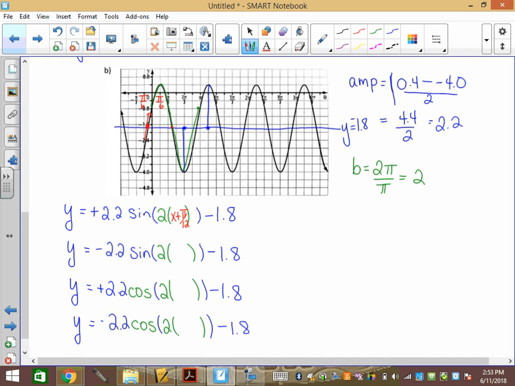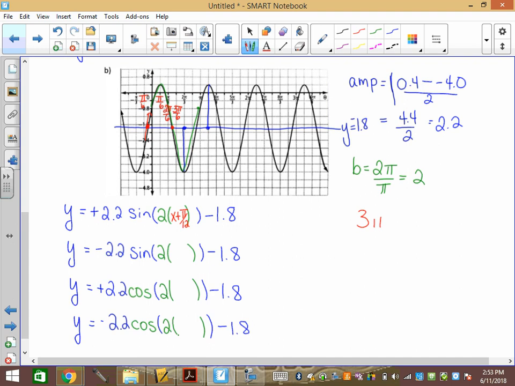Now this one, this would be pi over 6. This would be 2 pi over 6. This would be 3 pi over 6, right? I want the halfway between them. So I want the average. How do I find the average or halfway in between them? Add them up and divide by 2.